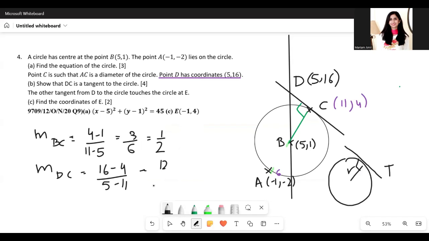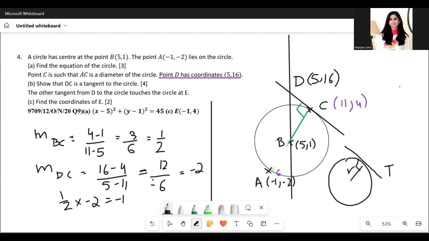So that's 12 upon -6, so that's -2. Now half times -2 is equal to -1. So you write that BC and DC are perpendicular to each other. So DC is tangent.